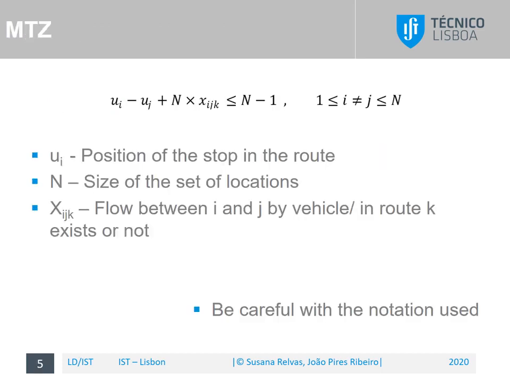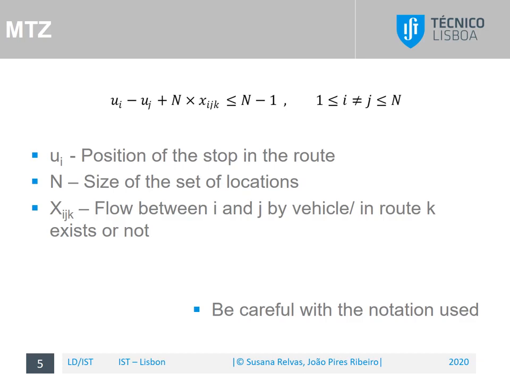Recalling what you have already discussed in theoretical classes, we have the MTZ formula. u_i minus u_j plus n times x_ij lower or equal than n minus 1, not forgetting that i must be different than j and must be between 1 and n. Now, what do these letters represent? u_i is an integer variable that is going to represent the position of the stop in the route.